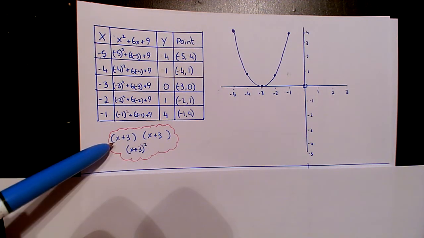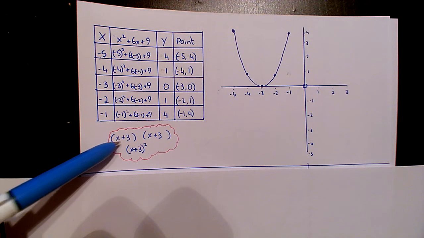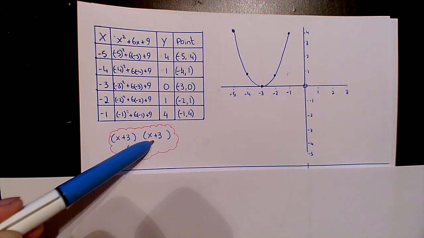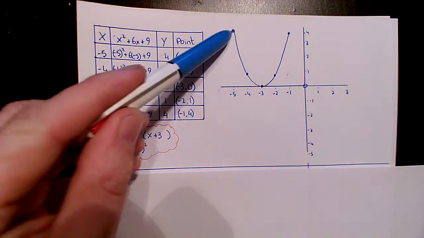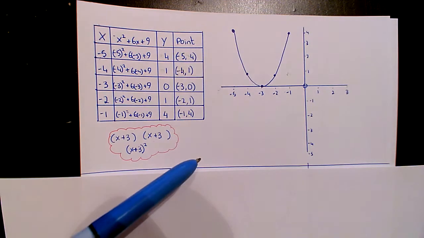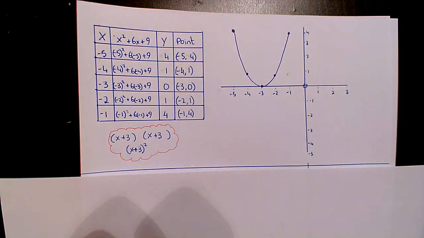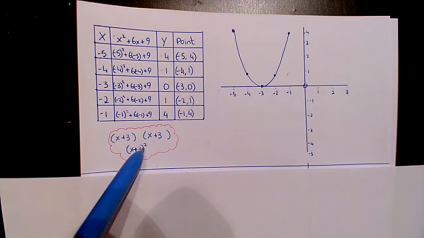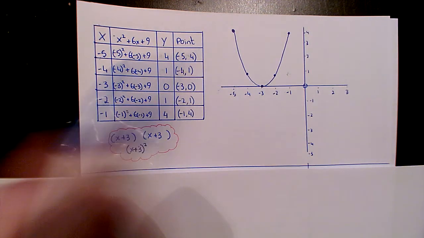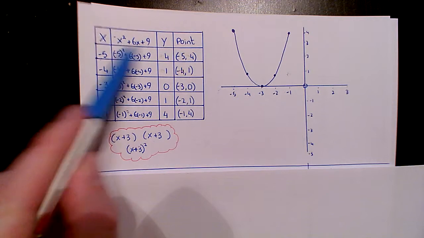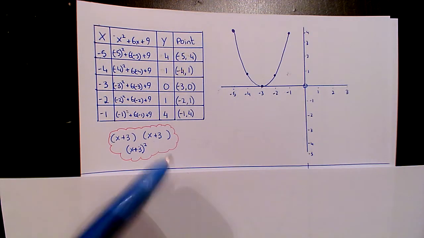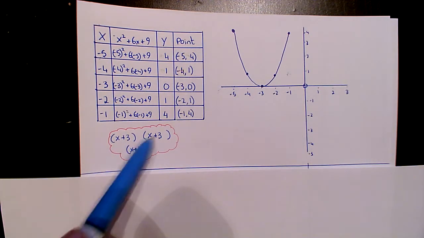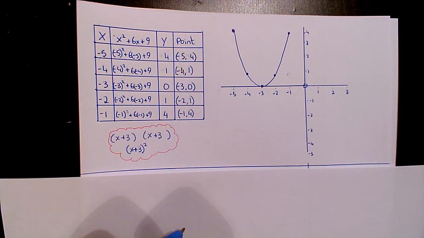Now you'll notice the two answers are the same. If the two answers are the same, then that means the graph cuts the x-axis in one place. I can rewrite that as x plus 3 squared, and what that is telling me is that this graph cuts the x-axis in one place. If I had two different answers, then the graph would cut the x-axis in two places.